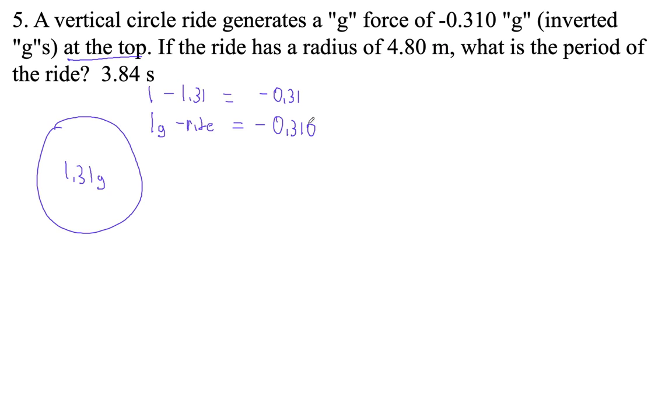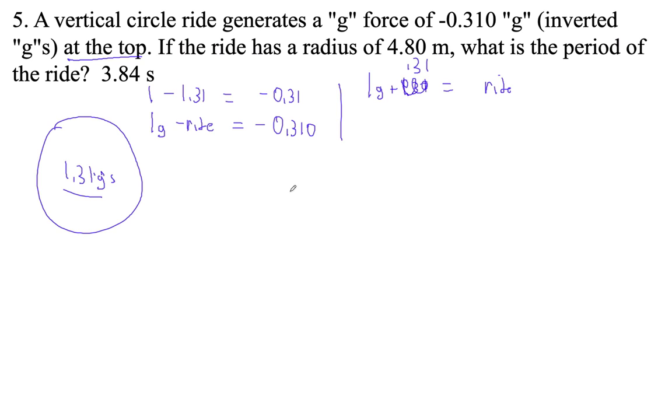Does that make sense? Really, the maths we're doing there is just adding the ride and 0.31 to both sides. So 1g plus 0.31 equals the ride. So it's 1.31, that's the ride.